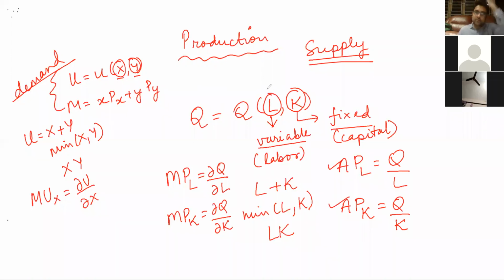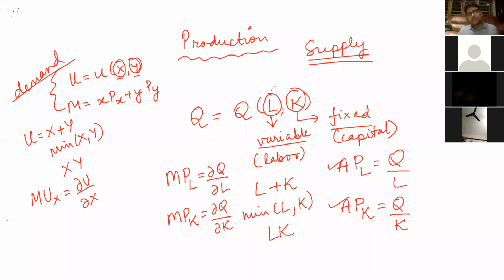Also, kindly understand that variable factor is the only changeable factor in a very small span of time. If the time span is a very small period, then I as a manufacturer or I as a producer can only change the variable factor, which is L. The fixed factor is only changeable if I have a substantial amount of time.